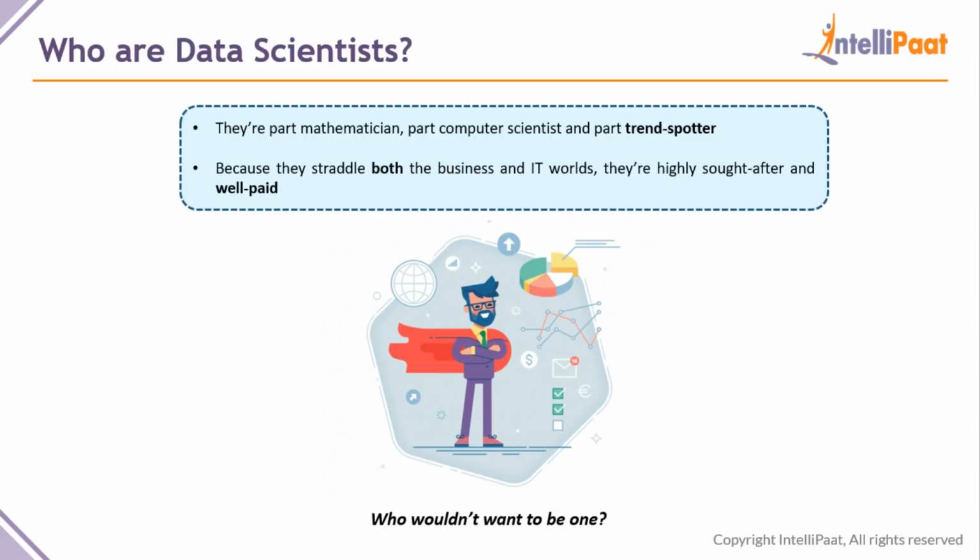And part trend spotters because they're not only providing analysis based on whatever happened in the past, but they take the current data and provide analytics, which is basically giving trends and future analytics as well. So you'll be doing a lot of predictions, and to do all those predictions, you need to spot some trends. You need to spot something which is rising, which is falling, or something like that. So they are mathematicians, computer scientists, and trend spotters, guys.